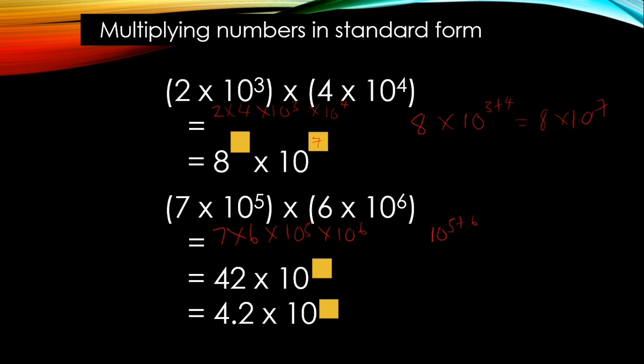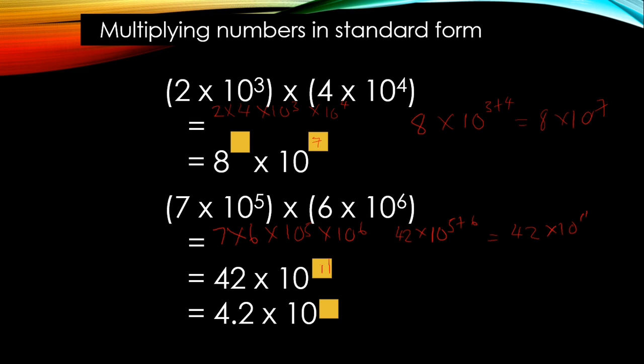This gives us 10 to the power 5 plus 6, giving us 42 times 10 to the power 5 plus 6, which is 11. So our number here would be 11. This number is still not yet in standard form. Why? Because 42 is greater than 10.